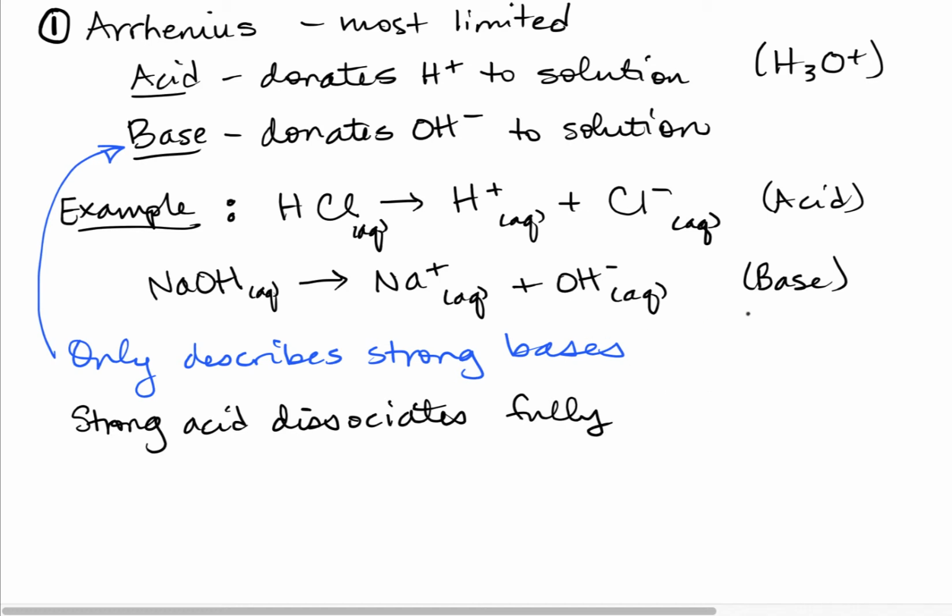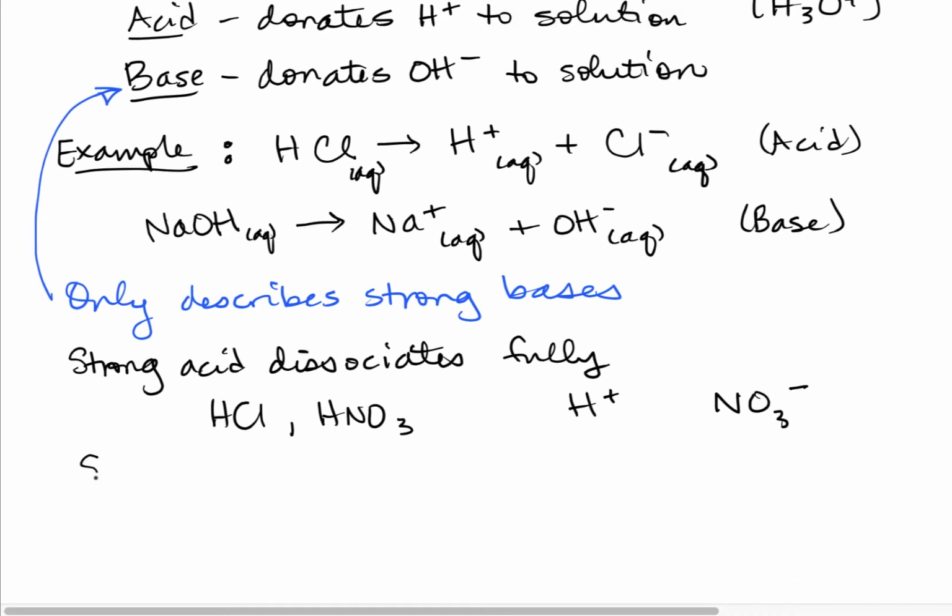So all of its H+ go into solution. So HCl is an example of a strong acid. HNO3 is another one. And so these ones, they separate fully into their protons and their nitrates, or really those hydrogen ions actually associate with water molecules, making the hydronium ion. But I'm going to use them pretty interchangeably, which is typical.